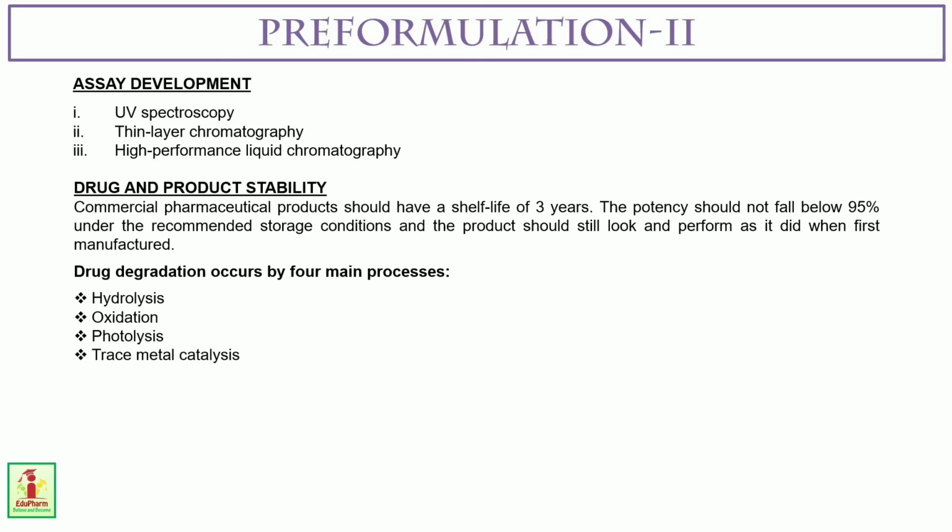Oxidation occurs when the oxidation state of the molecule, atom, or ion is increased. Now, what is photolysis? The chemical process by which molecules are broken down into smaller units through the absorption of light is known as photolysis. And finally, trace metal catalysis.